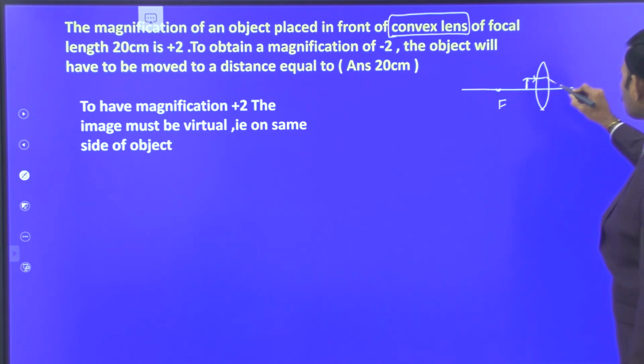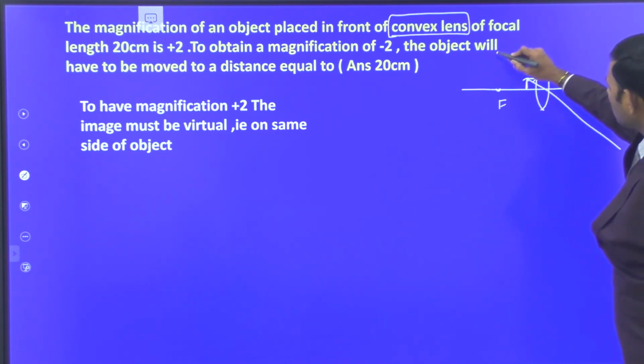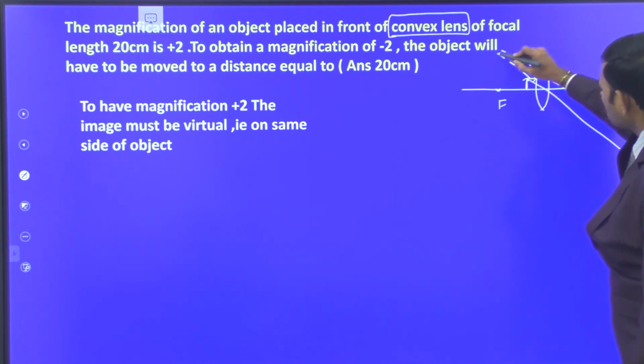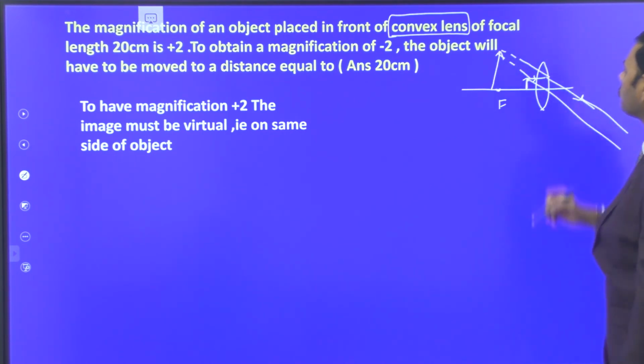After refraction, it passes through the focus. Let us draw a light ray through the optic center. They are diverging light rays. To get the image, they must be extended backward, then the image may be formed here.